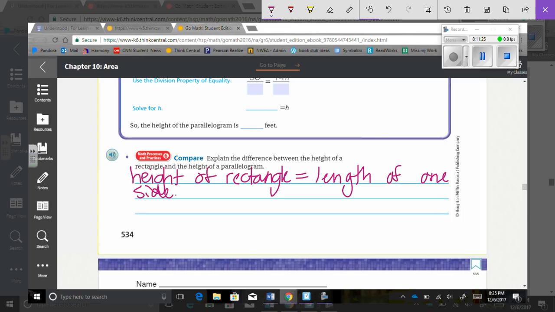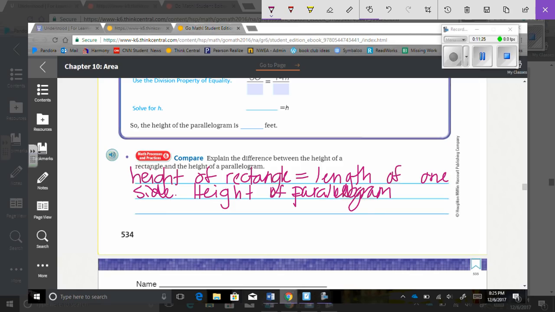But then if you think of the height of that parallelogram, if you look back at, let's see, that was on our Unlock the Problem, the height of the parallelogram is the length of the perpendicular line segment that was drawn there. It wasn't a concrete line. It wasn't exactly there. It's just what we knew was there.